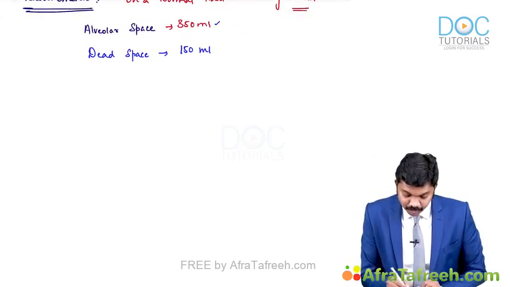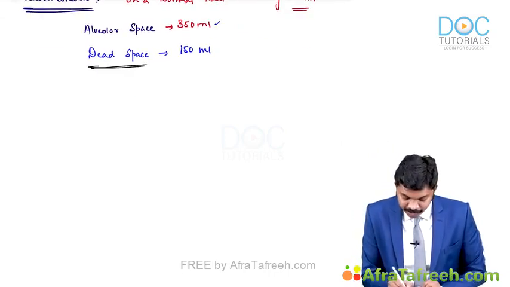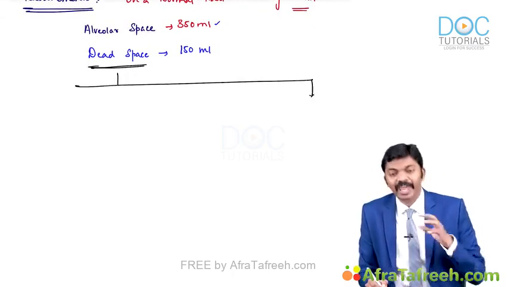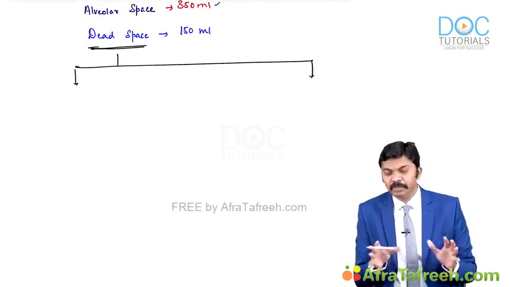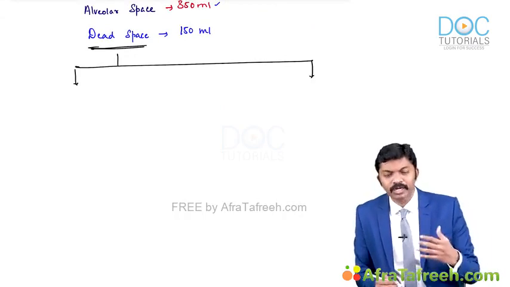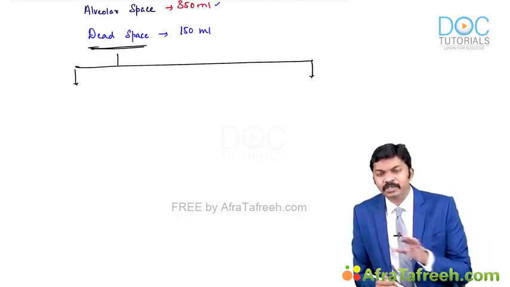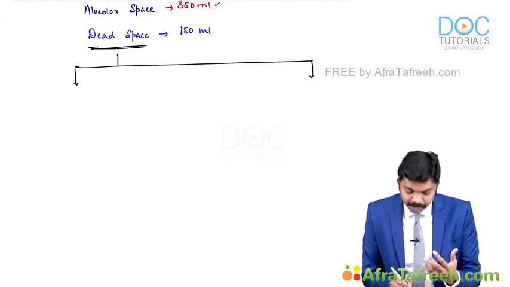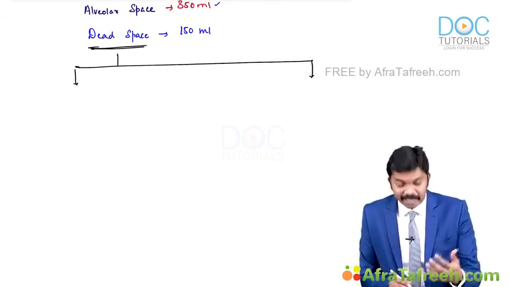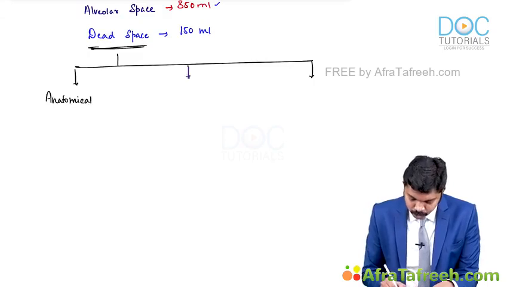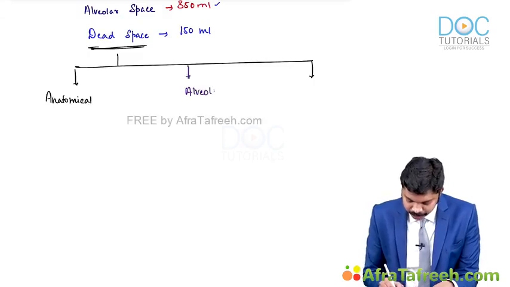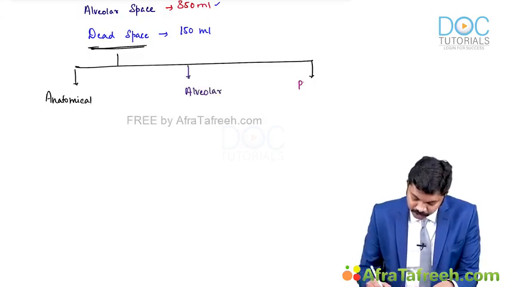Now, friends, when it comes to dead space, we have three different ways of approaching it. Please do not get confused by the terminologies, it is just the word, but most of the time the meanings are the same. I will explain that now. Dead space can be named as number 1 anatomical, number 2 alveolar, number 3 physiological.